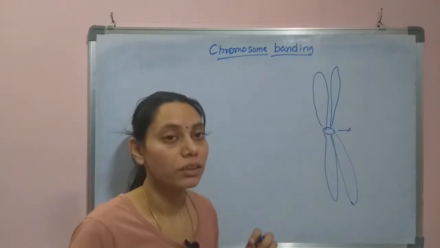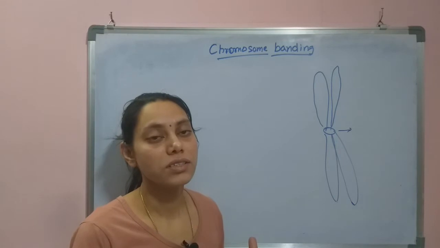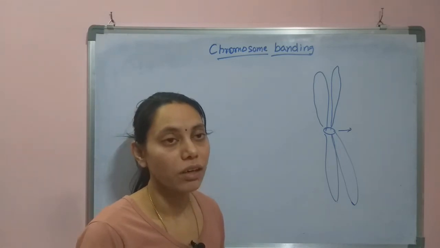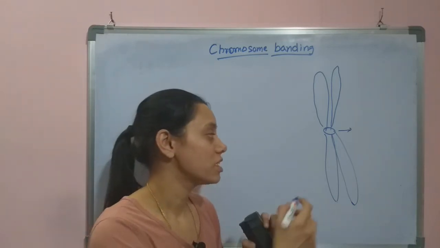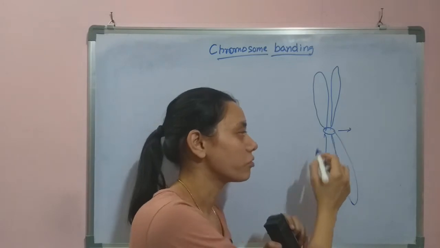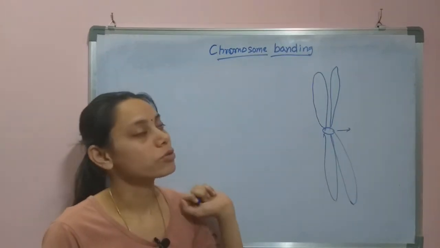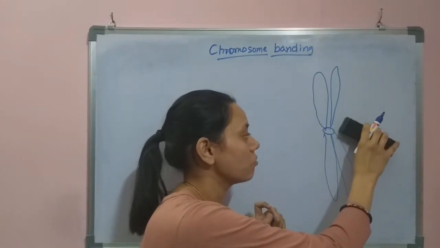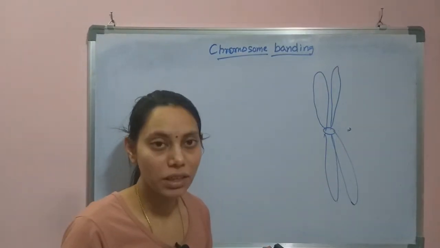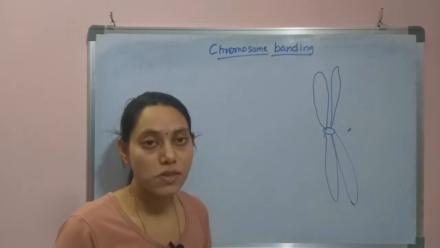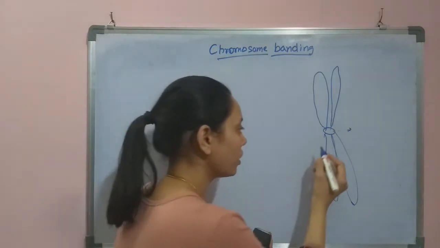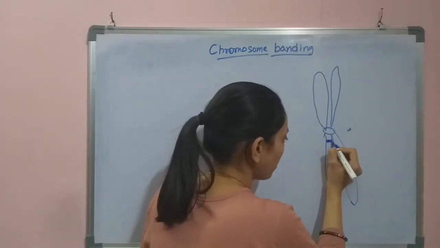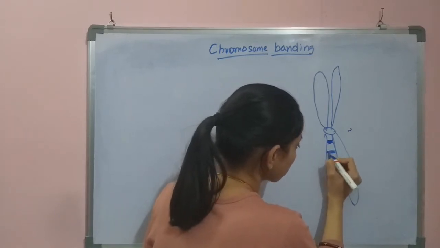But to understand the different regions present on each chromosome, we need to go for chromosome banding techniques. In these techniques, we employ some dyes, either chemical dye or fluorescent dye, to stain the chromosome, and such bands will be obtained.